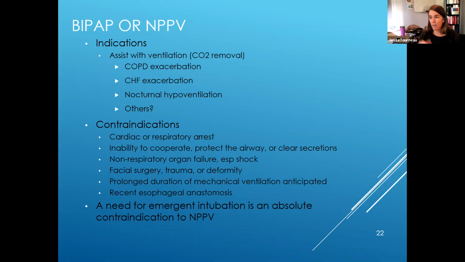So let's just talk about BiPAP. Bilevel ventilation is accomplished with a tight-fitting mask and a mechanical ventilator, right? So a BiPAP is a mechanical ventilator. You should always think of it as a mechanical ventilator. How many times can I say mechanical ventilator in this discussion?